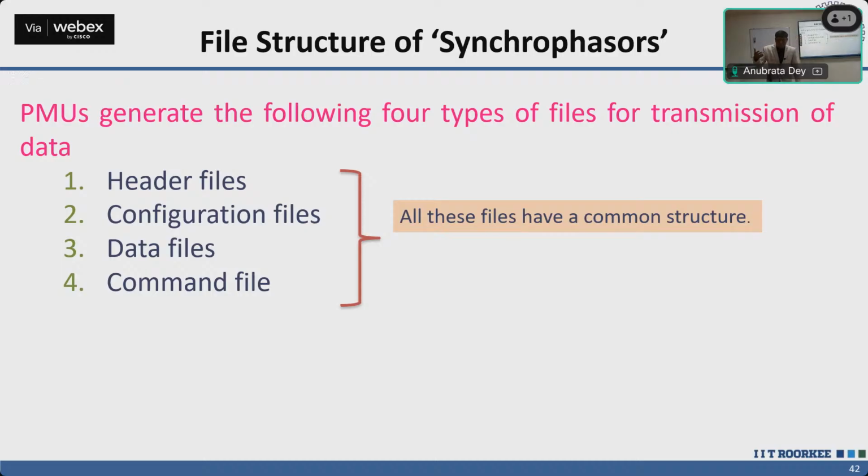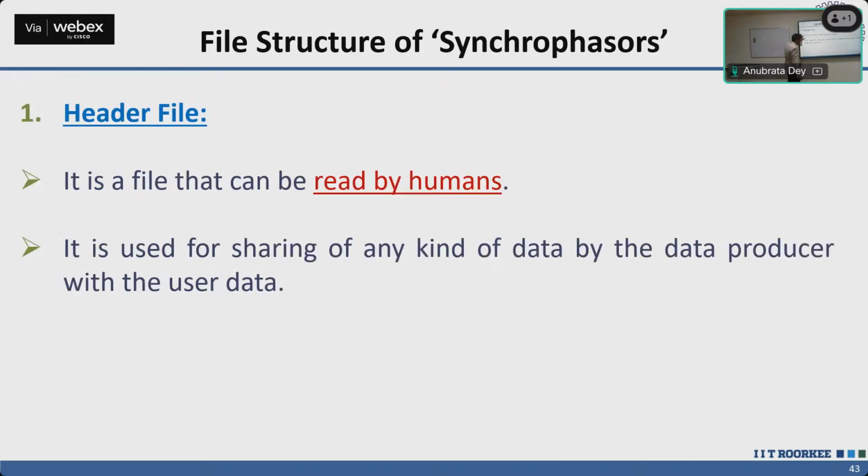Now, what are the files? Whenever the PMU sends the data, how many files are there? Usually it contains four types of files. One is the header file, another is the configuration file, third is the data file, and fourth is the command file, right? If we look at the first one, the header file, this file is readable by humans. We can easily read it. It is not encrypted.